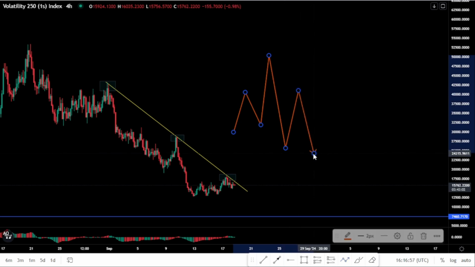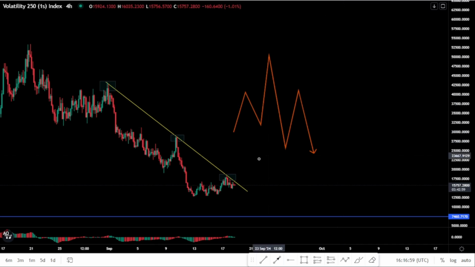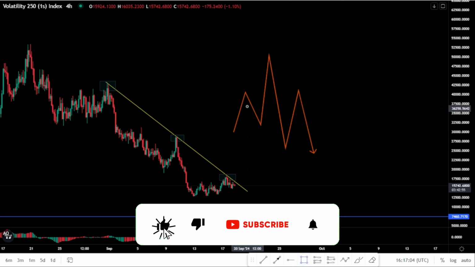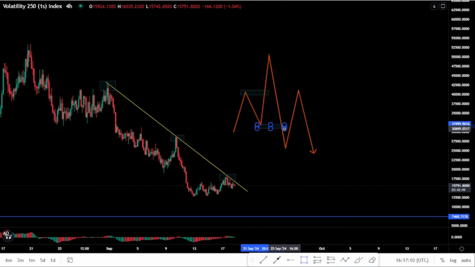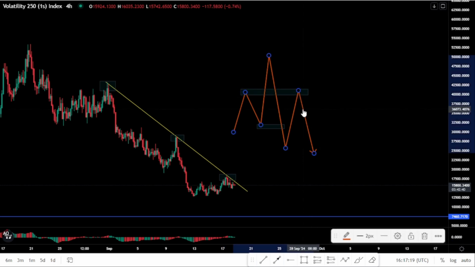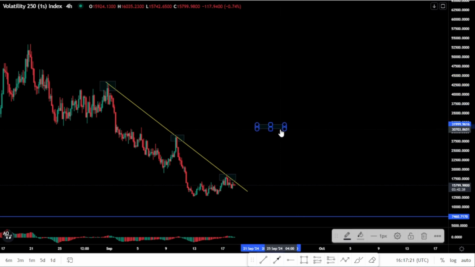Then that is where we'll be looking for our sell setup. We are looking for this break of structure, and then this change of character. Once the market comes back to this level over here, that is where we are looking for our sell setups, and then we trade to the downside.